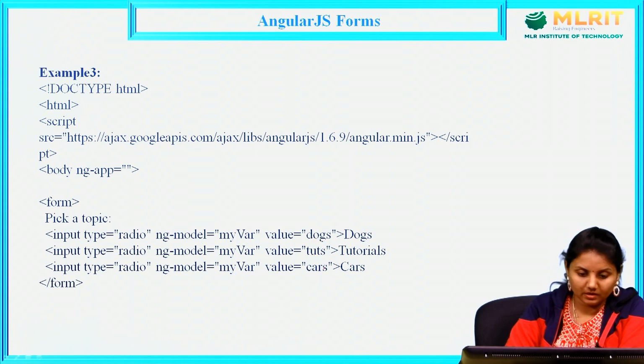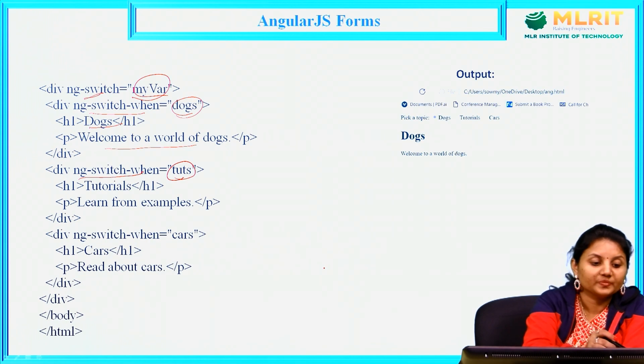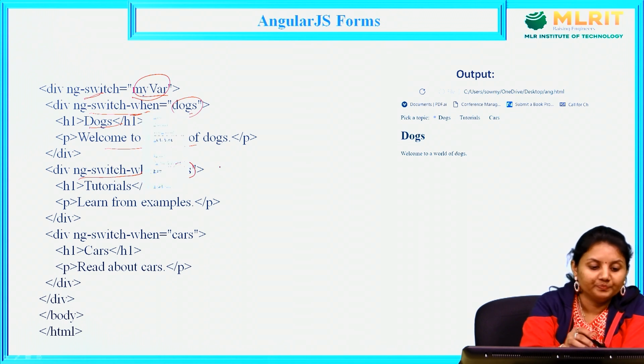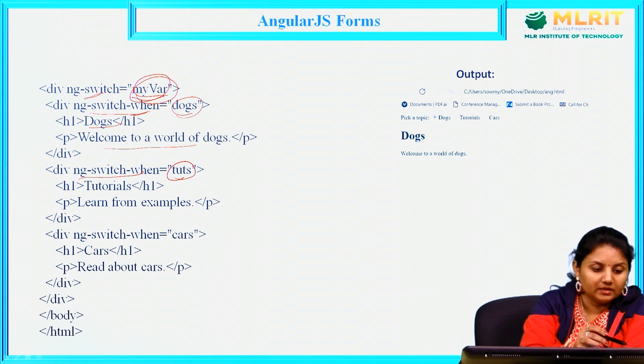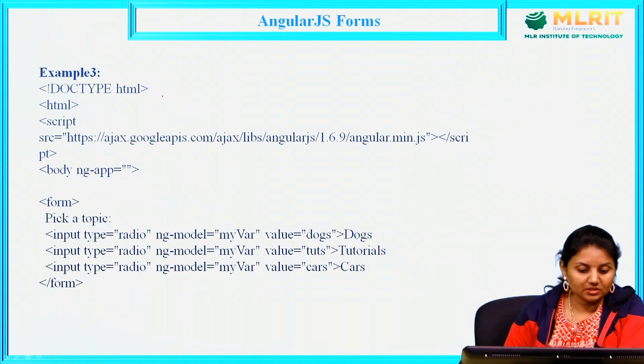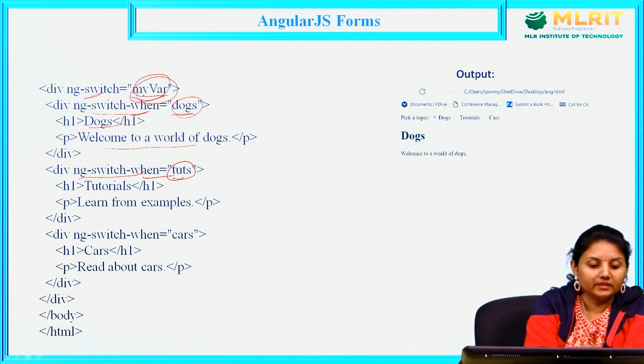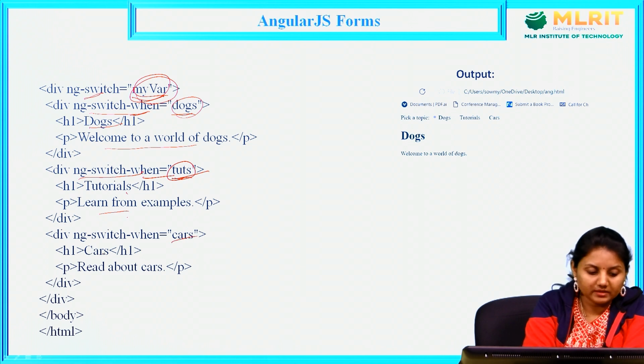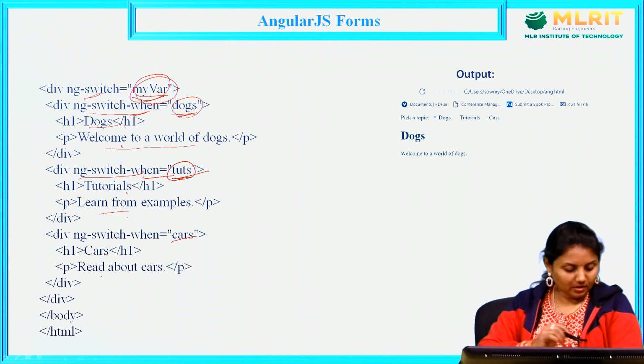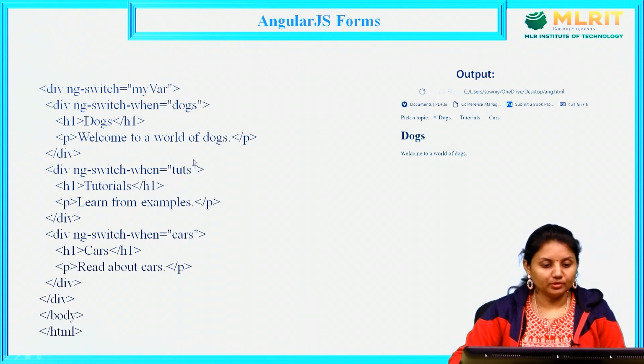When this radio button dogs is clicked, ng-switch is given as myvar, and it works when selecting the radio button. Learn from the example. Suppose tutorials is selected, these two will get printed. Suppose cars is selected, these two will get printed. If dogs is selected, these two will get printed. Let me show you this example also.